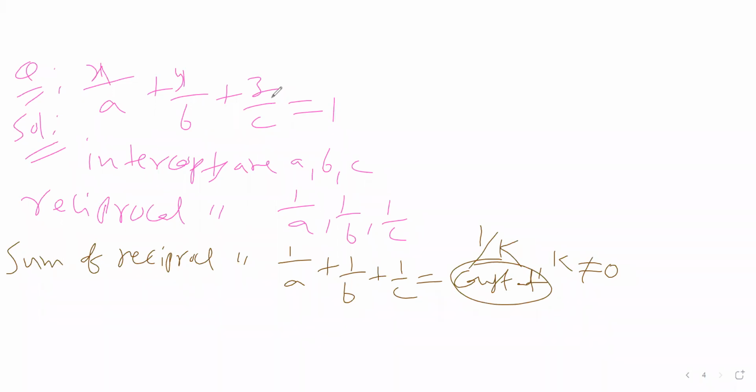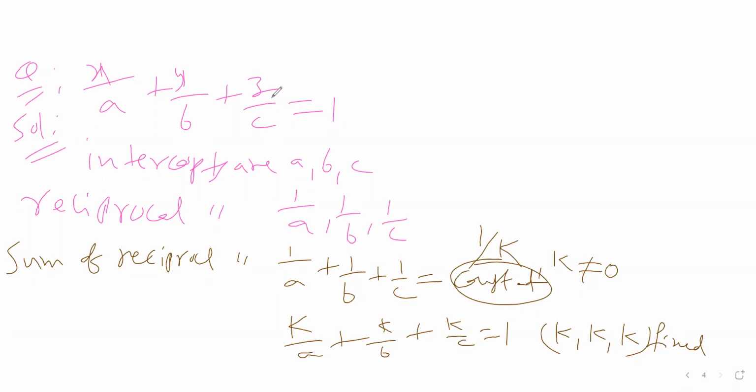Now, multiplying both sides by K, I get K by A plus K by B plus K by C equals 1, which implies x, y, z is K, K, K. This is my fixed point. In place of x, y, z I have K, K, K. Otherwise, if you take K instead of 1 by K, you will get 1 by K. That is the only difference.